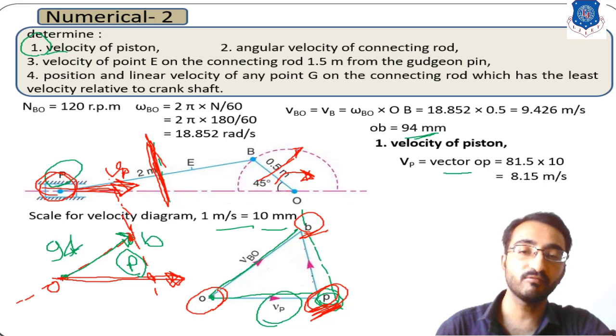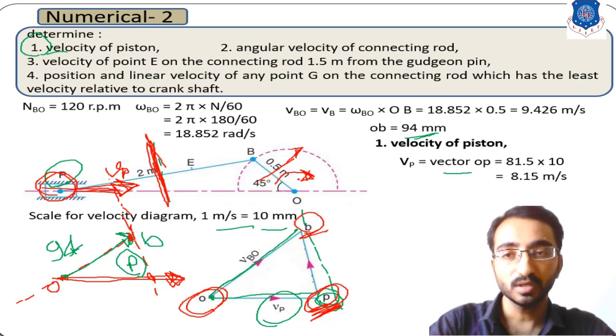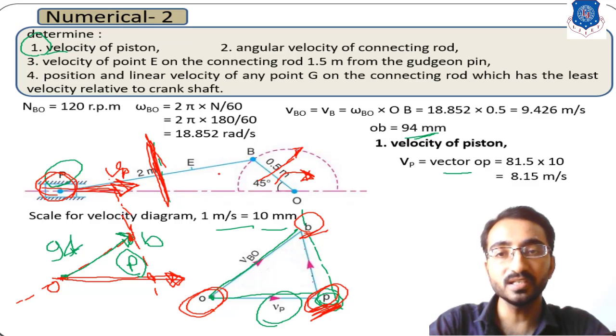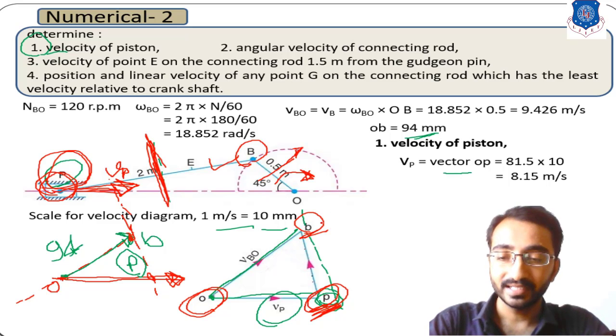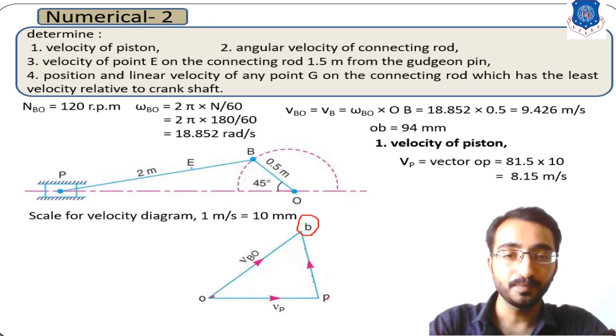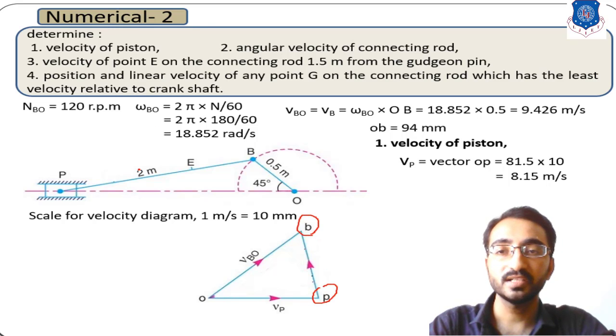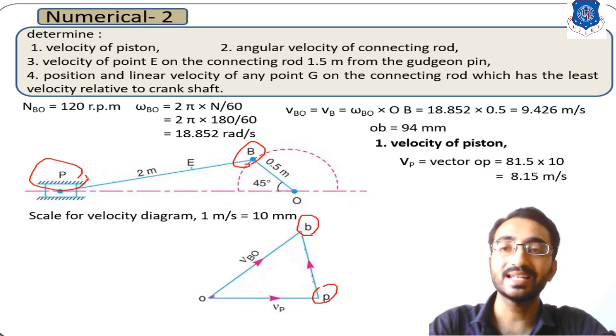So which will be your final one? If you consider the sketch, then PB is your connecting rod. The line joining this point P and B is your connecting rod. So over here you can say that PB line is defining the velocity of connecting rod. And if you want the velocity of slider or piston, then in that case the velocity of P is horizontal.